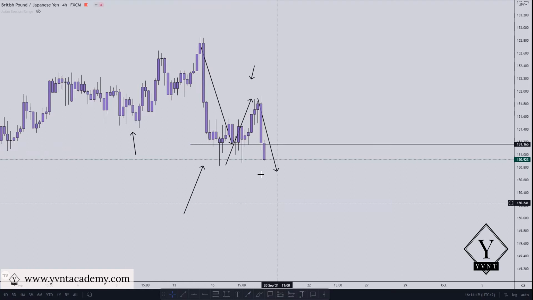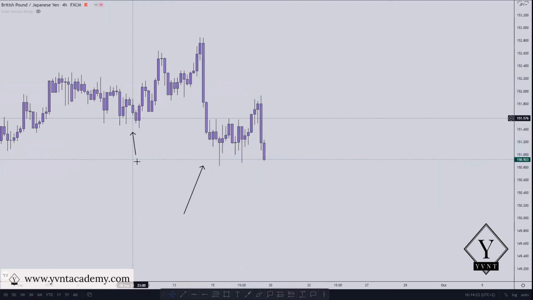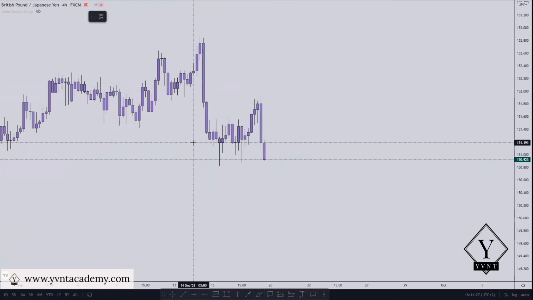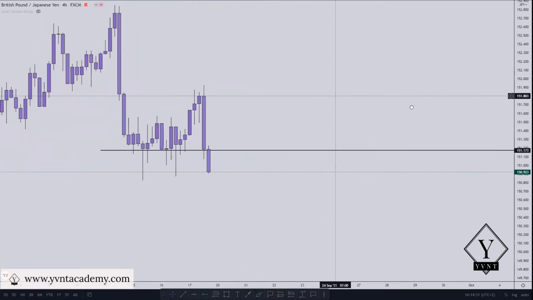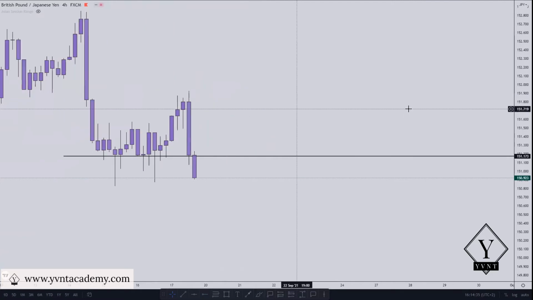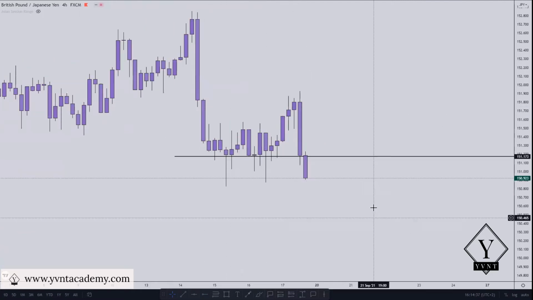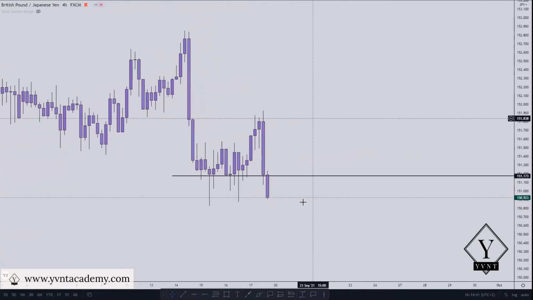And as you can see, here we had a support level, which the market broke this week. I think it broke on Friday. So now this to me is a sign that the market is bearish.